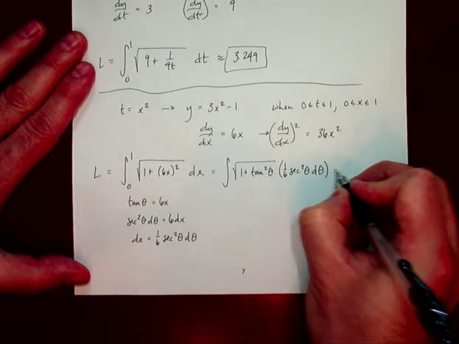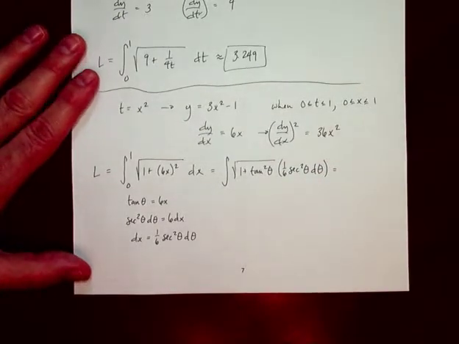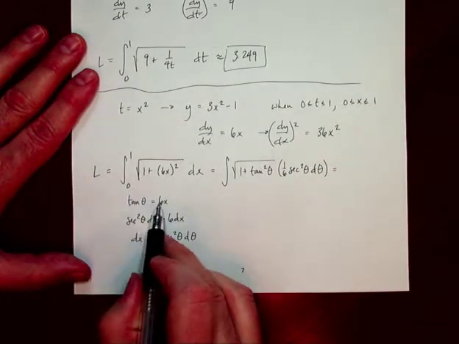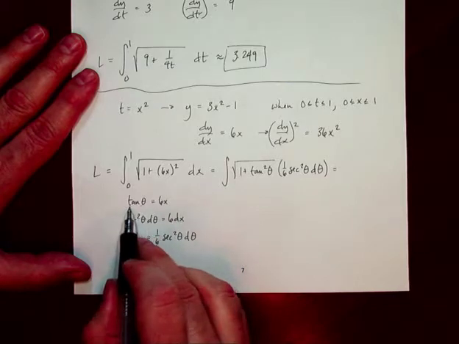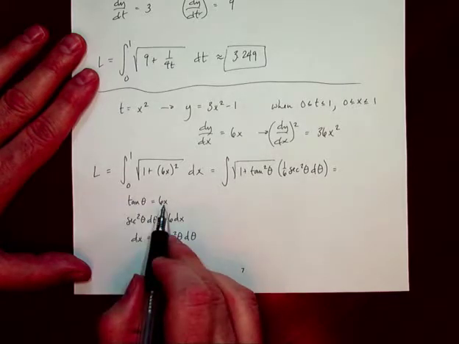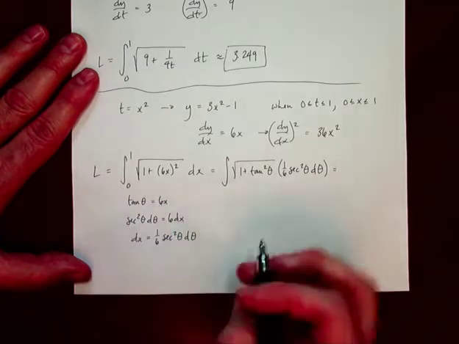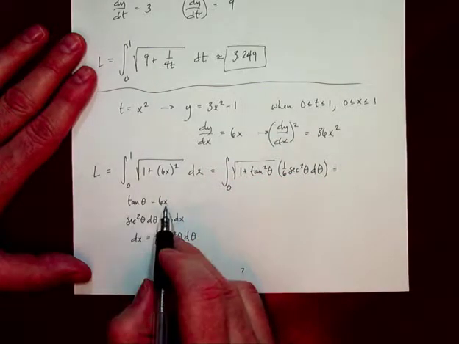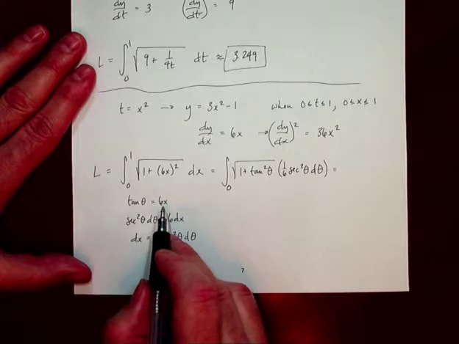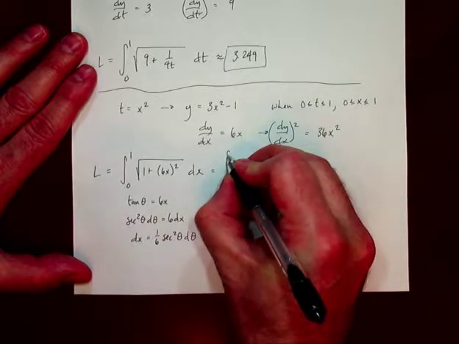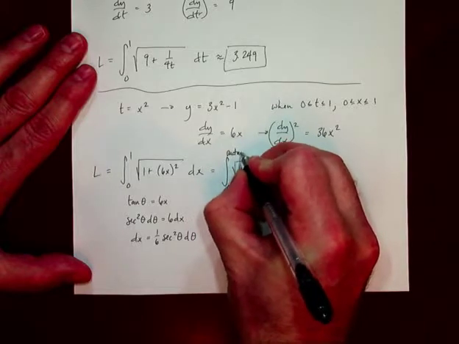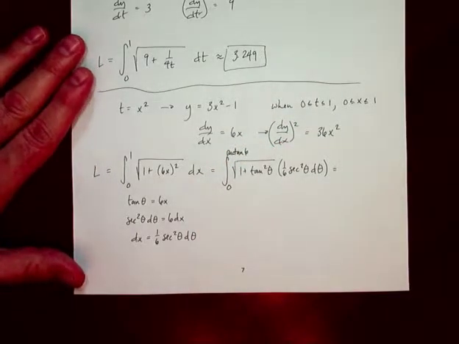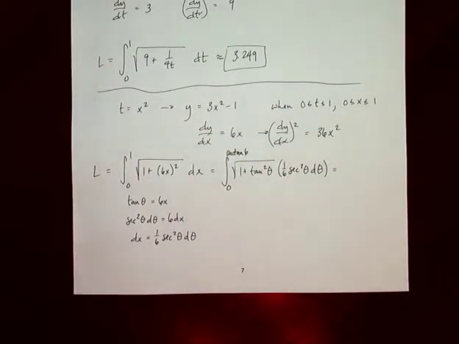Now the only question is, what are the limits of integration? Well, when x is 0, tangent theta is 0. When x is 1, tangent theta is 6. Well, we don't really have a unit circle value for that, so we'll just put arctan of 6 up here, since it actually does stand for a number that will pop out of your calculator.